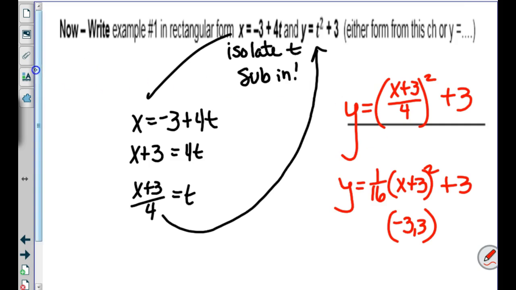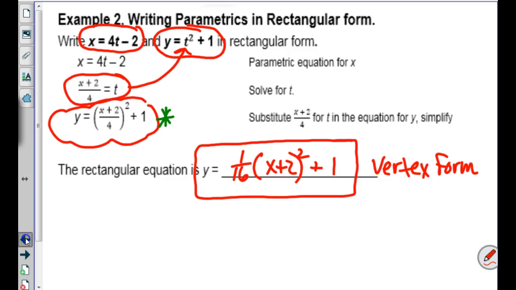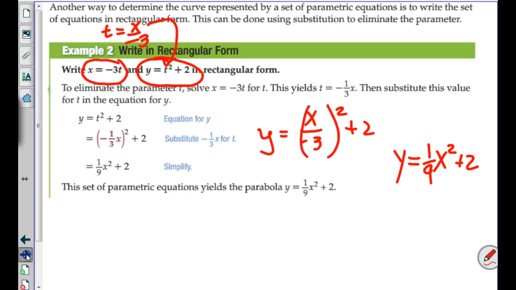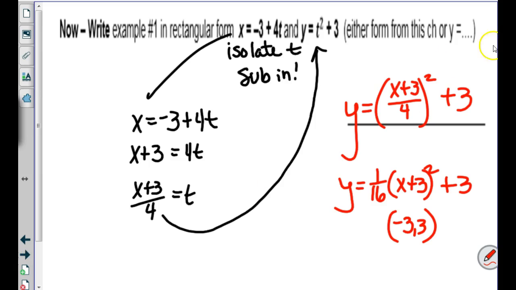Is that what we got when we graphed it, guys? Was the vertex we got right here at -3, 3, and it was opening up? Okay. And the 1/16 actually made it wide. But like I said, I would be okay if you just left it here.